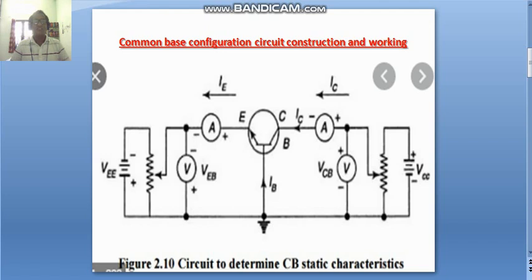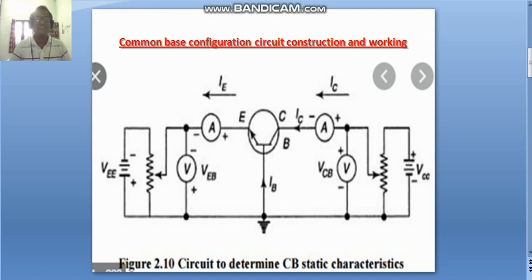If the emitter is common to the input and output circuits, then that configuration is known as common emitter. Similarly, if the collector is common to the input and output circuits, then that configuration is known as common collector configuration.